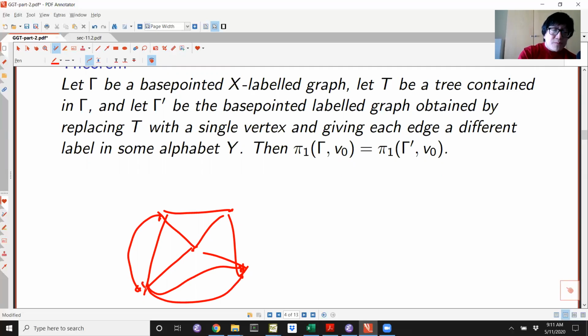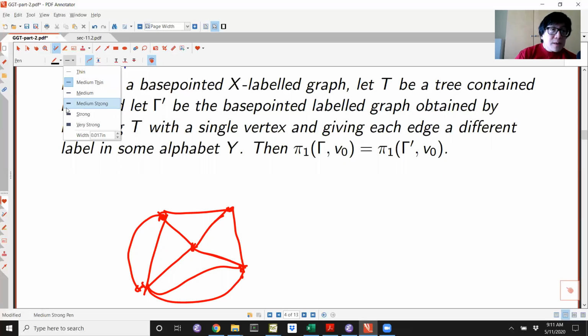Remember, you can have multiple edges. You can have self loops, and you can have multiple edges going from one vertex to another. Okay, so there's a sort of random graph. Now, let T be a tree contained in gamma. So I'm going to pick a subtree. Let's try this, I have never done this, let's see what happens.